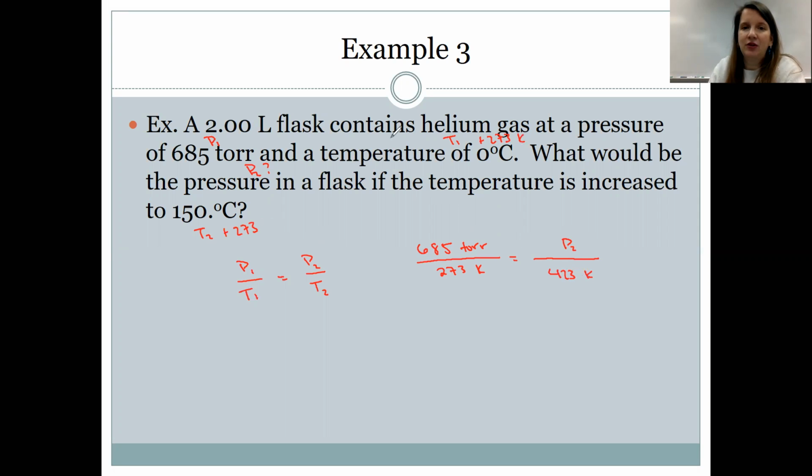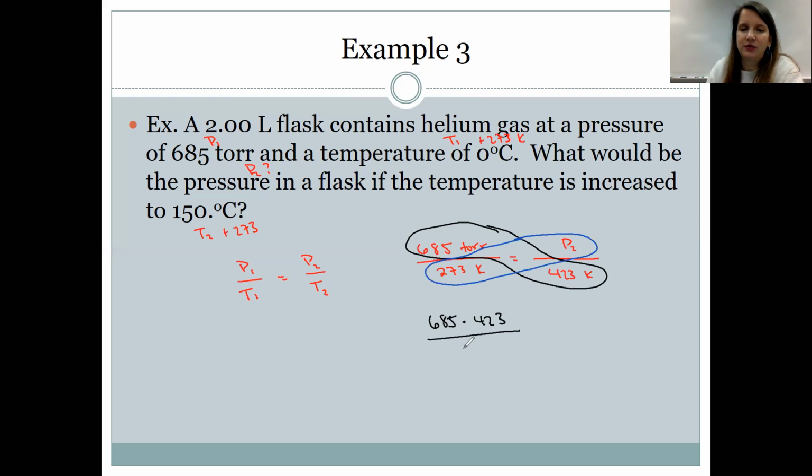So again, I'm going to cross multiply. That means the diagonal that doesn't have the variable, I'm going to multiply 685 times 423, and then you divide by the diagonal that has your variable. So divided by 273 is going to equal my P2.